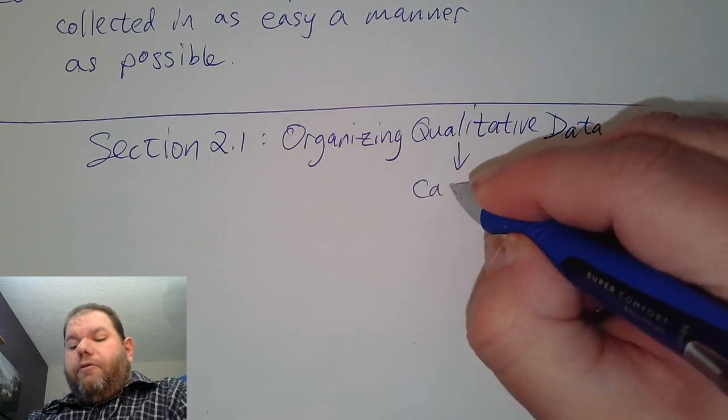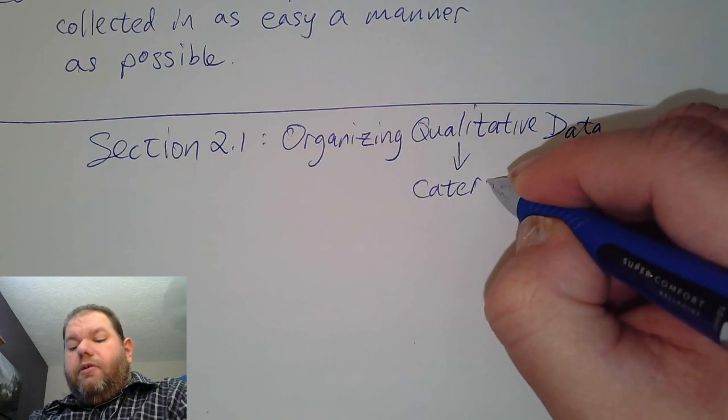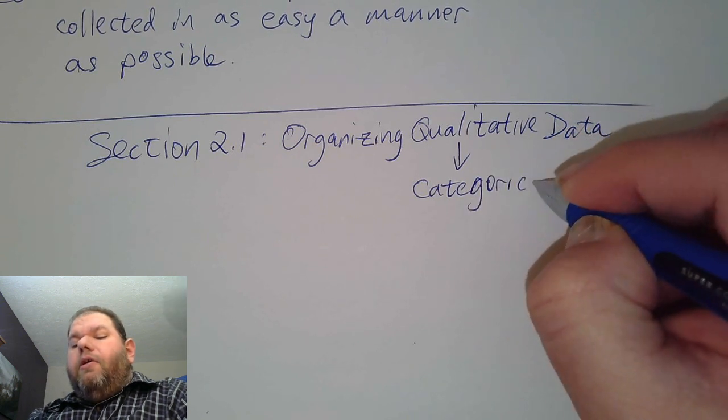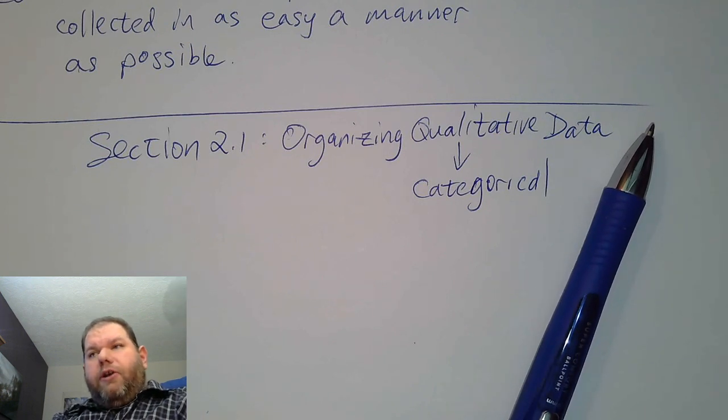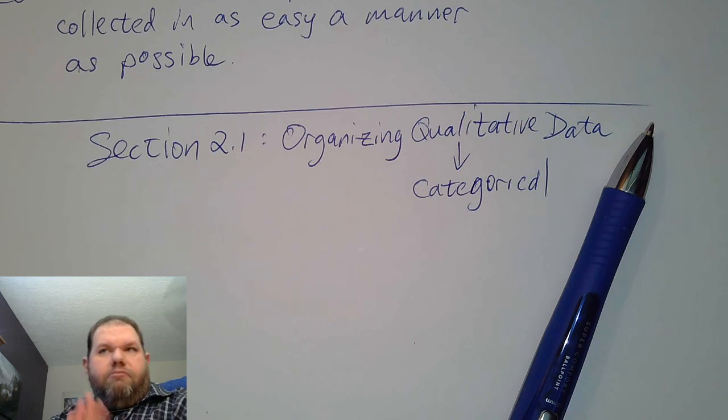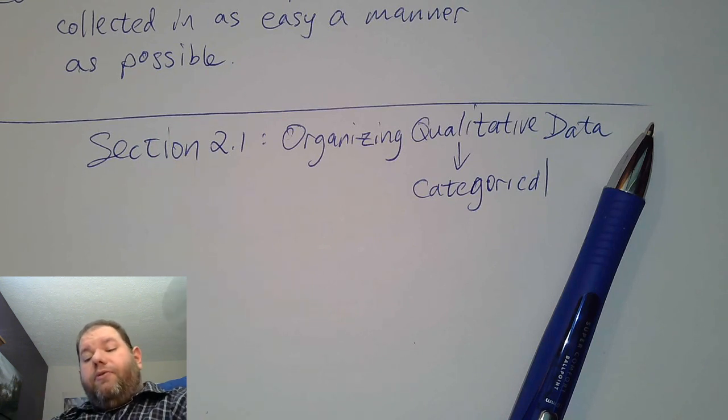We called this categorical, just for reference. So the idea with categorical data, going back to section 1.1, I believe, we talked about categorical and quantitative variables. So categorical variables and the accompanying categorical data. This is information that describes individuals in a non-numeric way, not counted, not measured, but describes the individuals.